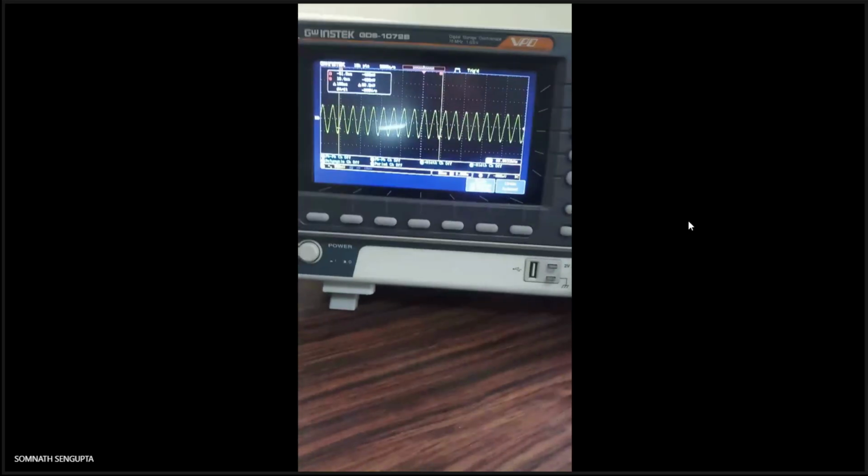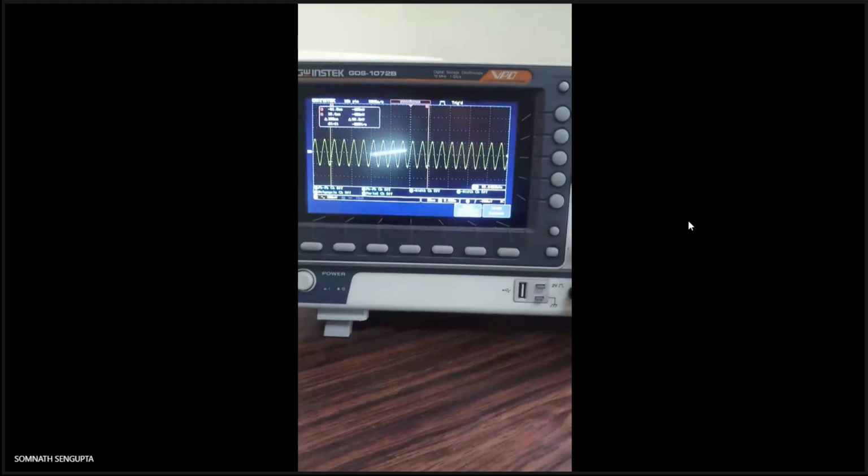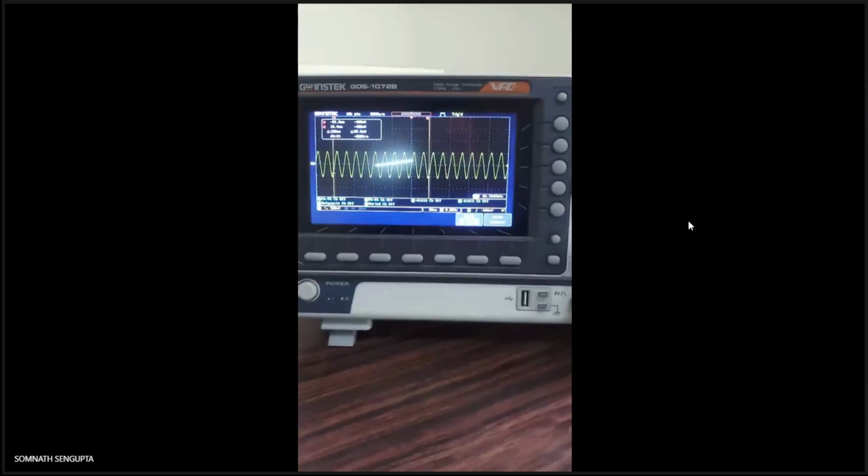There also you see 1 volt peak to peak at the output.